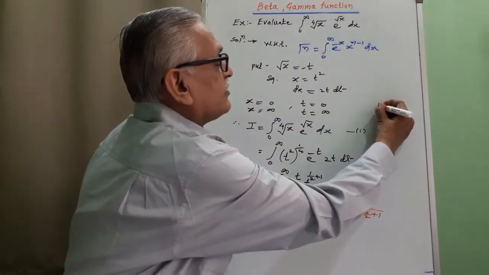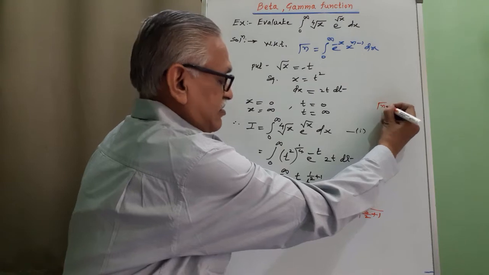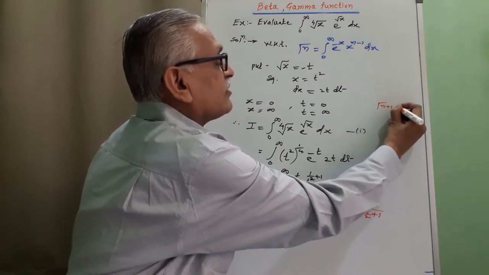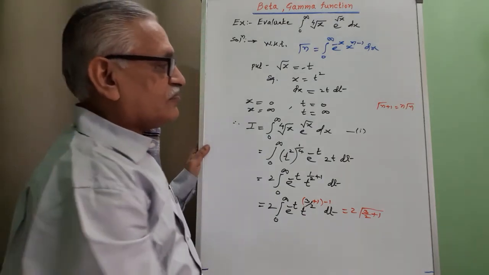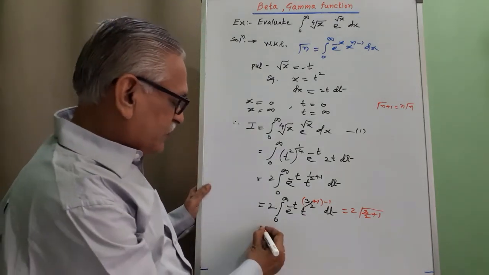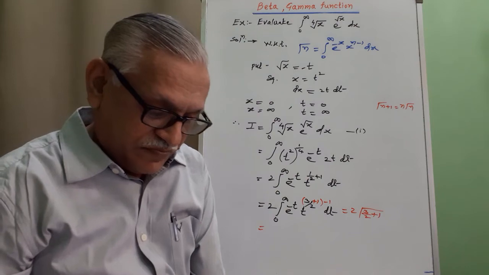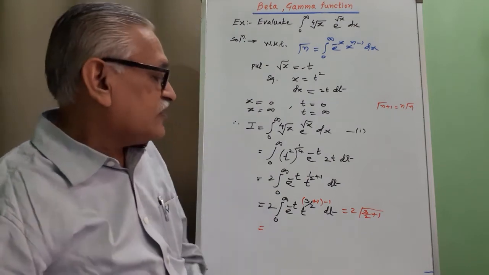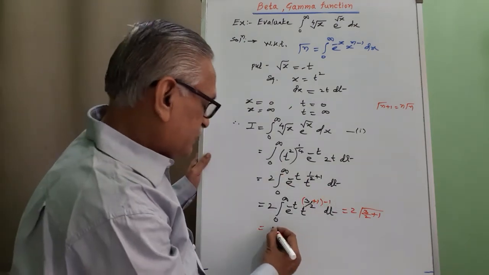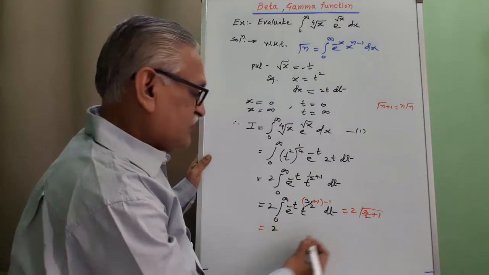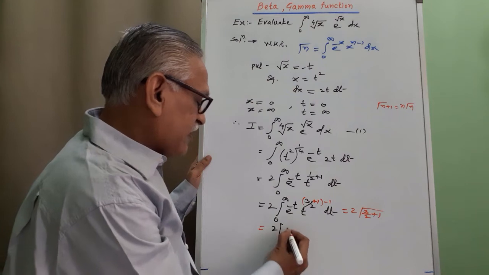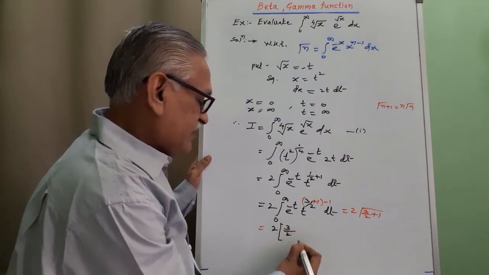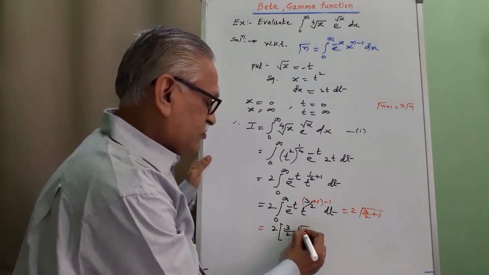We know the result, gamma of n plus 1 is n gamma n. Therefore, it is equal to 2, gamma n plus 1 is n gamma n, the value of n is here 3 by 2, gamma of 3 by 2.